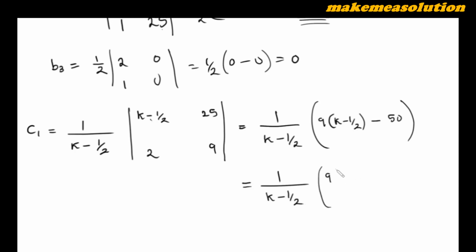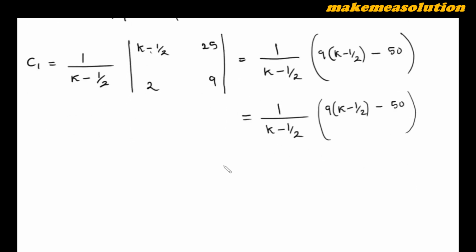We'll have 9 into (K minus 1) over 2, then minus 50. The reason why I did it like this is for you to see that this is still the same thing as 9 into (K minus 1) over 2 minus 50, everything divided by (K minus 1) over 2.